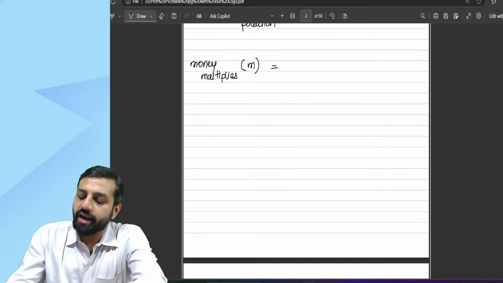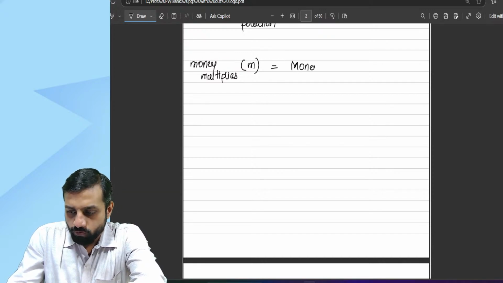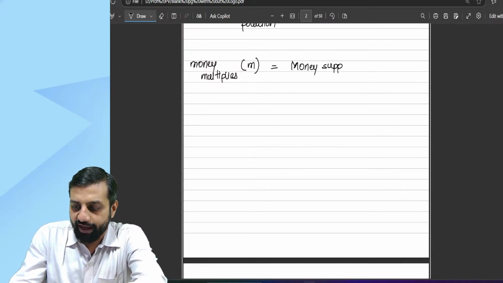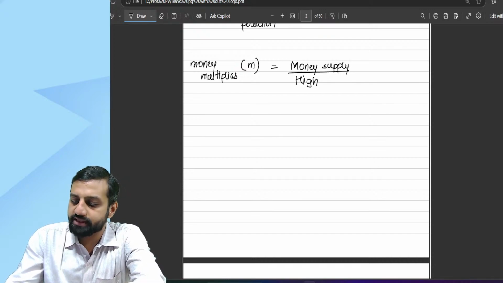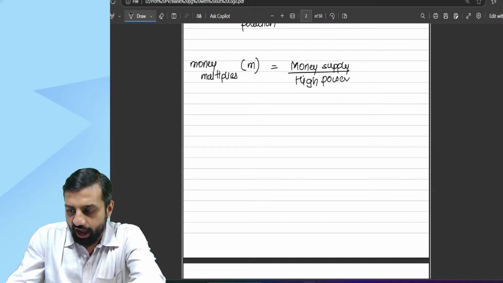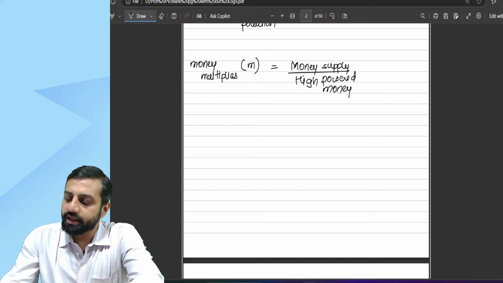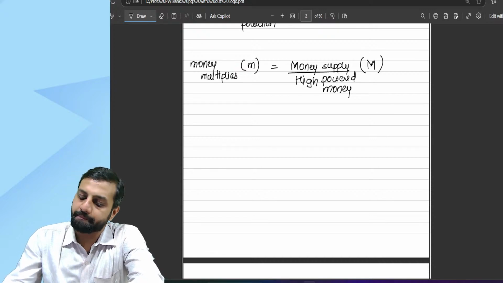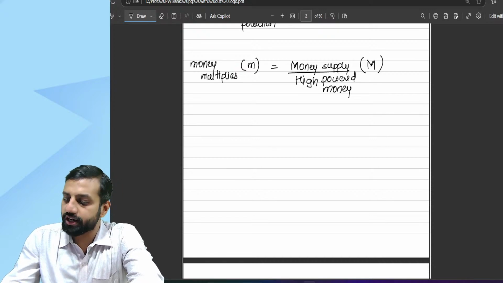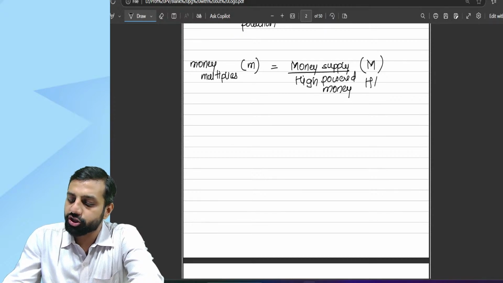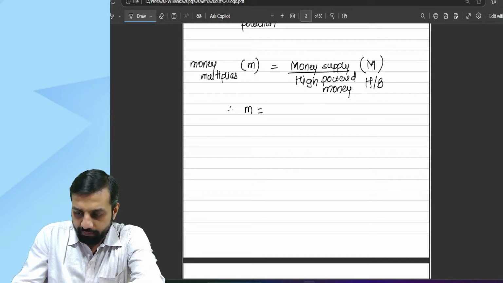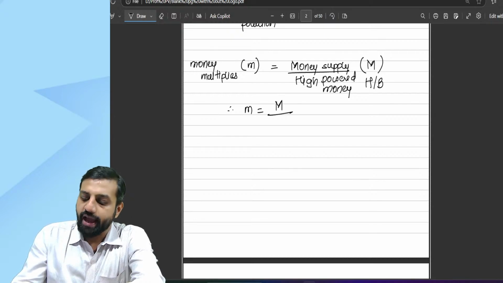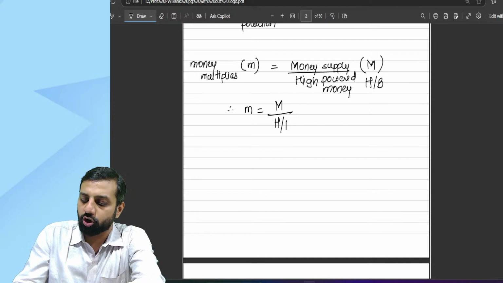Now money multiplier is equal to the money supply upon the monetary base, that is your high powered money. Money supply is denoted by capital M. High powered money is denoted by H or B. Therefore, the formula for money multiplier is equal to M upon H or B.